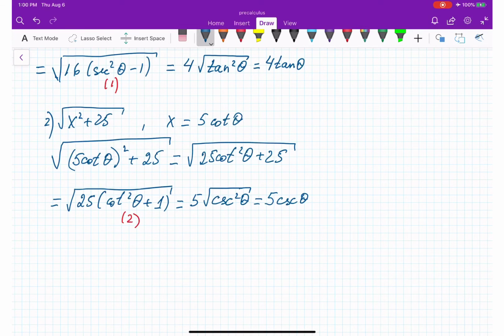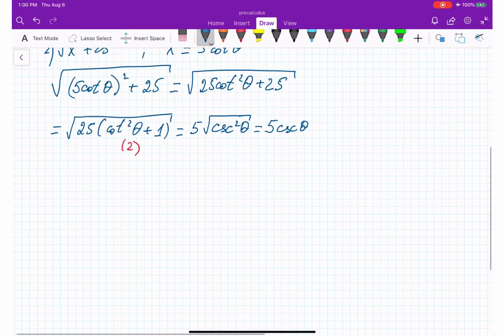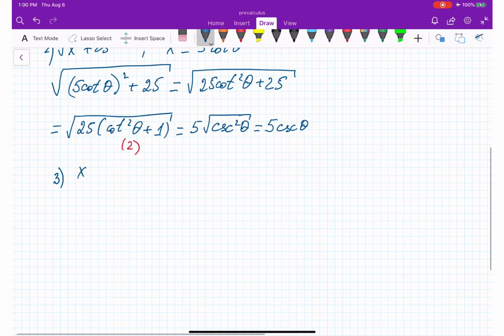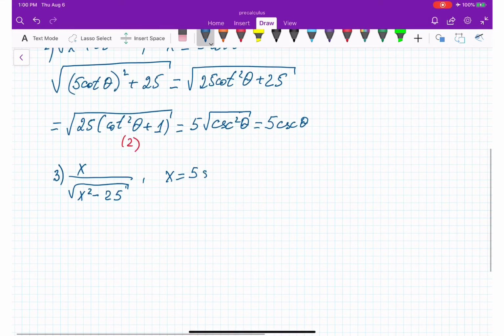Next, number 3: x over the square root of x squared minus 25, where x is equal to 5 secant theta.